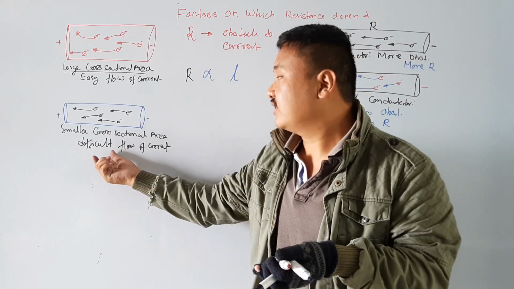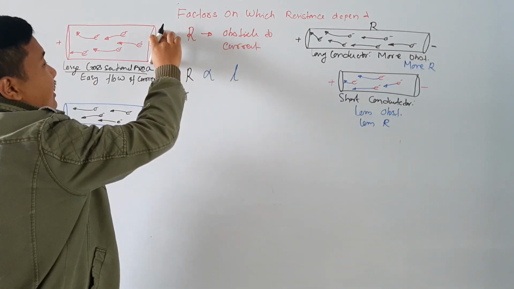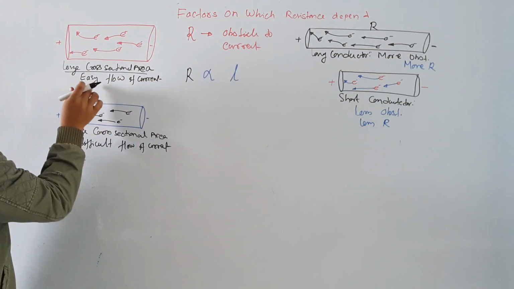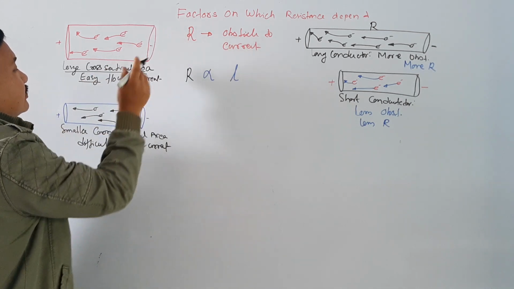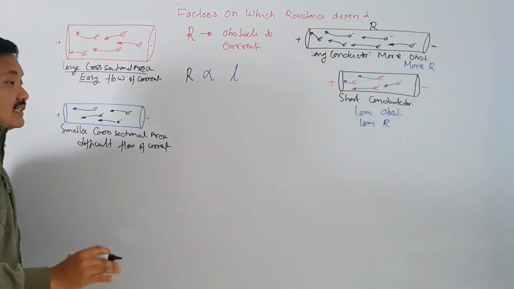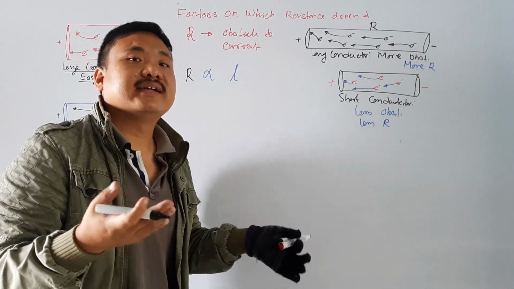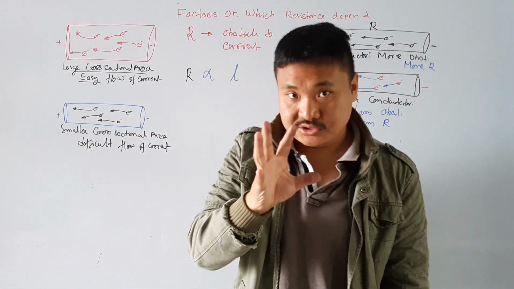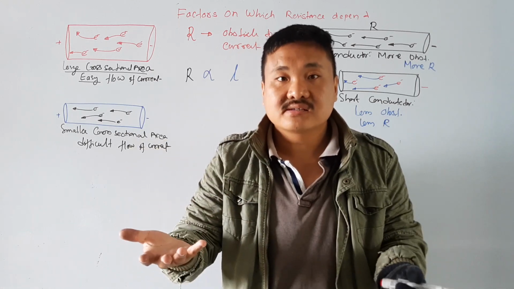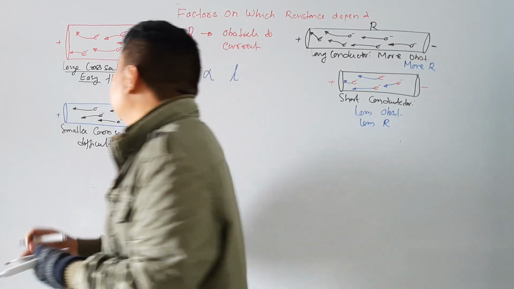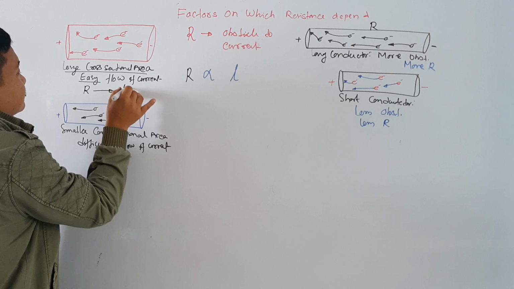If you increase the area, there will be less difficulty, which means easy flow. Easy flow means resistance is less. If the electrons can easily flow, there are no obstacles. So for a large area, resistance is less.